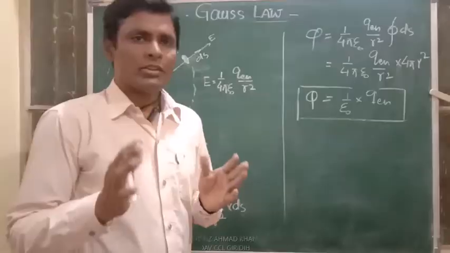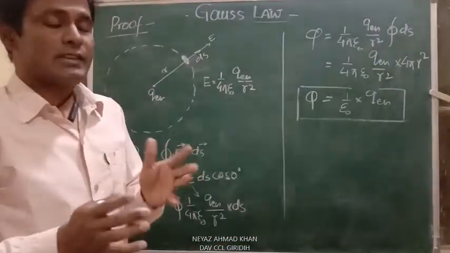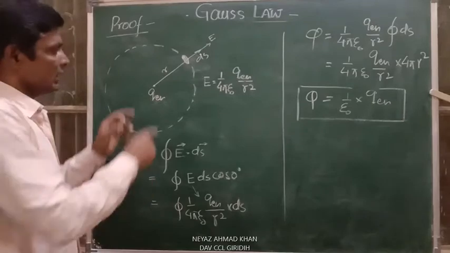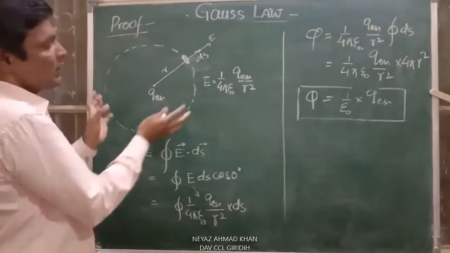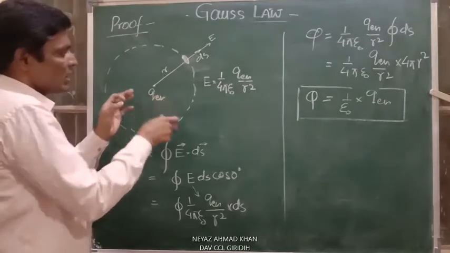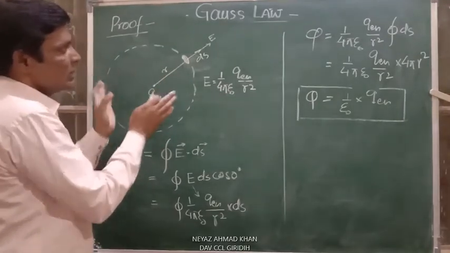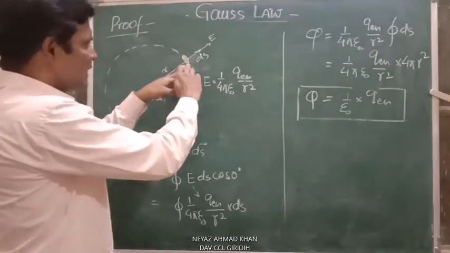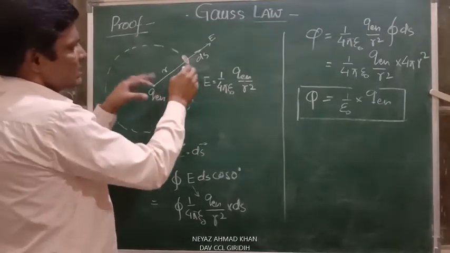Okay students, here is another simple method to derive or prove Gauss law. Here this is a spherical body, a sphere. I have taken its radius as r, and a charge Q has been enclosed within this. This surface is called the Gaussian surface. A small area ds of this surface has been taken.